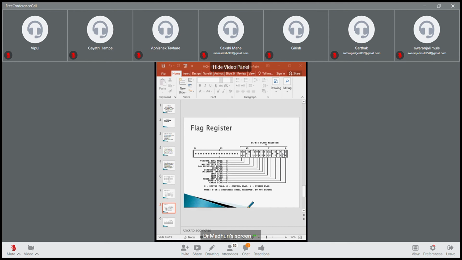See, the 80386 has 3 modes: real mode, virtual 86 mode, and protected mode. Whenever there are protected mode instructions, they get executed by the processor, and these flags are set. That means this flag will hold the privilege level at which the processor is working.